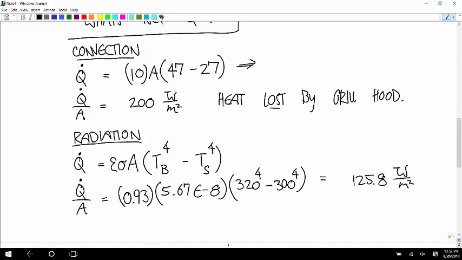And is there going to be net radiation lost from the grill hood or gained by the grill hood? And how do you know? Lost because the temperature of the grill hood is higher.